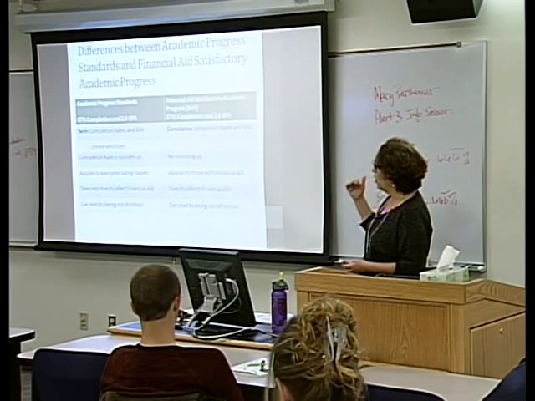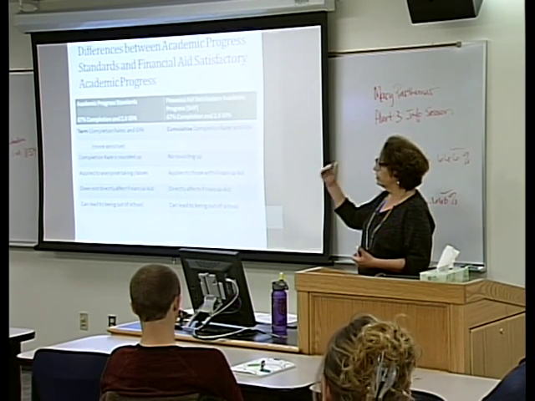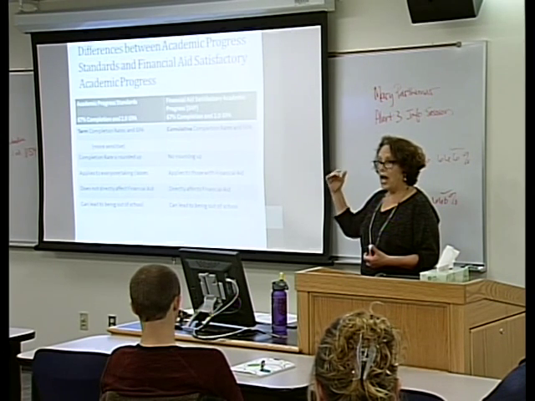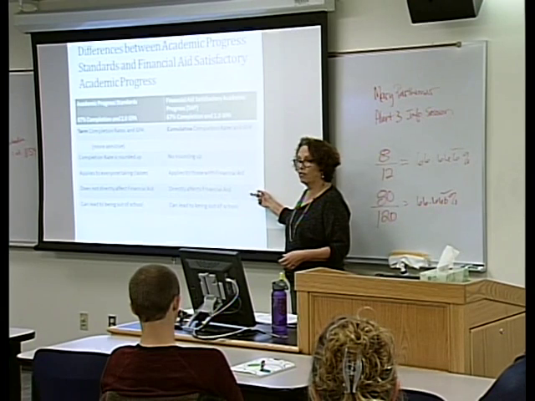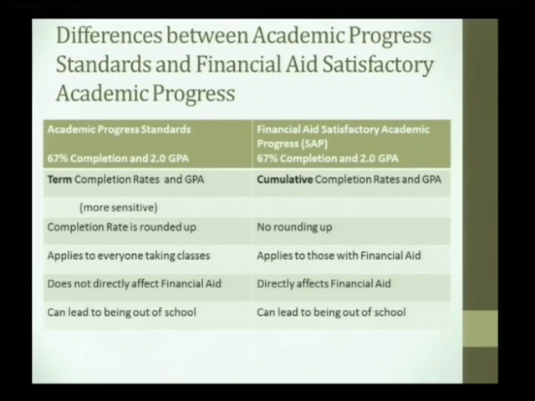However, students who are reaching Alert 3 and Alert 4 are more apt to have their financial aid affected, because it means there's been 3 or 4 times at least that they haven't been meeting those standards, and so that means it's going to affect your cumulative rates. So it doesn't directly affect, but it certainly can indirectly affect.